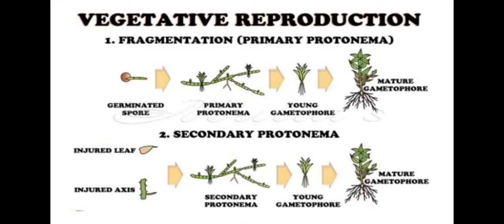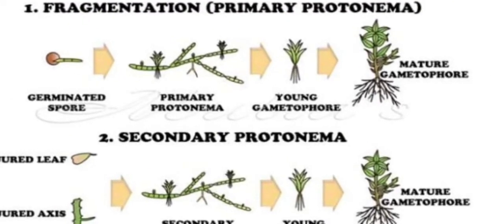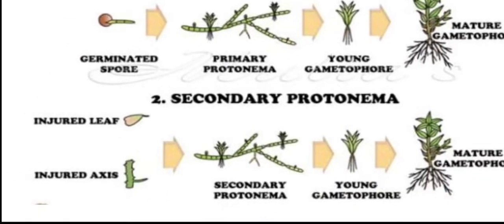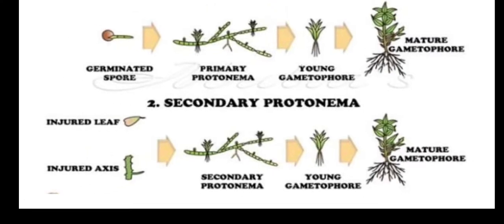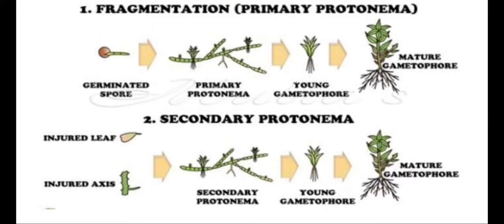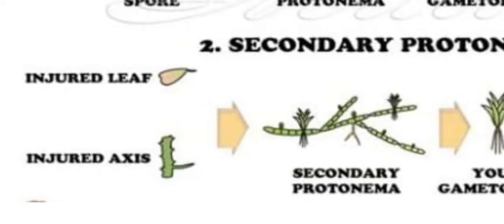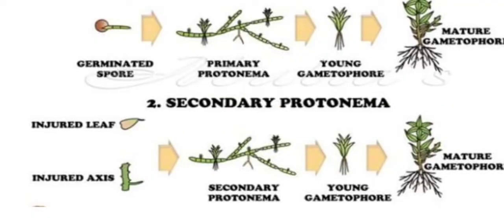Next is fragmentation. Here you can see primary protonema sometime undergo fragmentation, producing more than one mature gametophore. Then is secondary protonema. Sometime secondary protonema develop from either injured leaf or from the injured axis, not like primary protonema which develop from the spore.